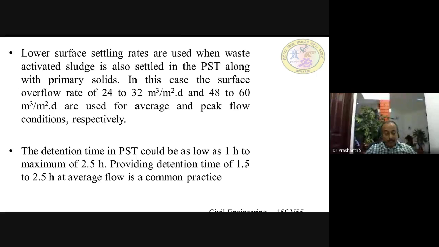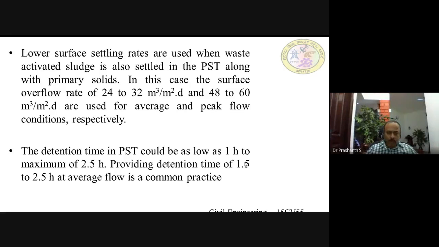And another important parameter along with this overflow rate is detention time. Detention time is the time for which the wastewater is going to be in the settling tank. The detention time in a primary sedimentation tank could be as low as 1 hour to a maximum of 2.5 hours.